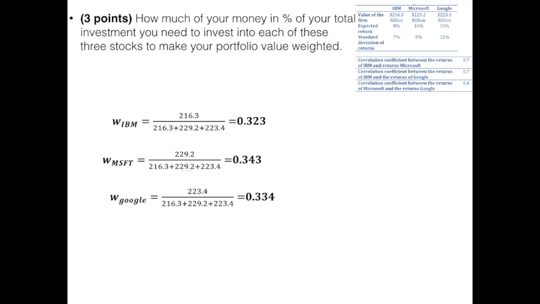In other words, you invest proportionally to the size of this company compared to all companies taken together, and these are your weights. So it means that 32.3% you invest into IBM, 34.3% you invest into Microsoft, and 33.4% you invest into Google.